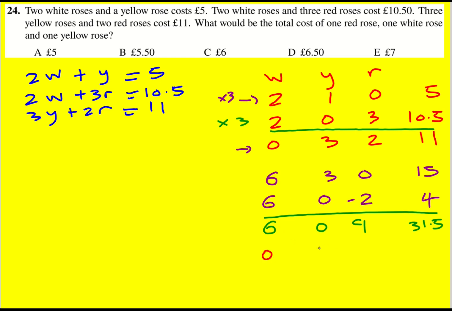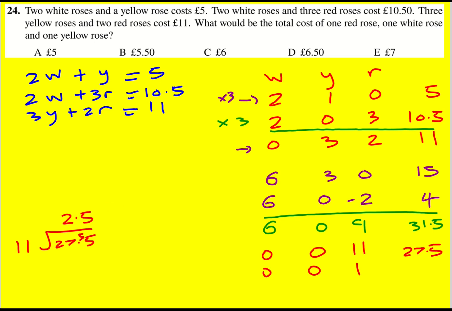So I get 0, 0, and then 9 minus minus 2, 11. 31.5 minus 4 is 27.5. Okay, so actually 11 red roses cost 27.5. So I can work out what 1 is by dividing by 11. It's going to be 2, remainder 5, so 2.5, £2.50.